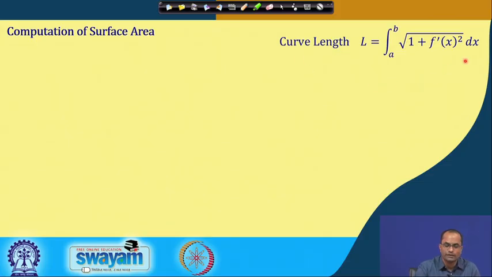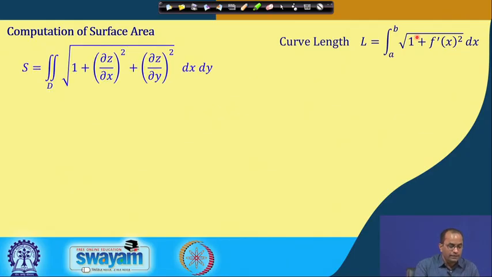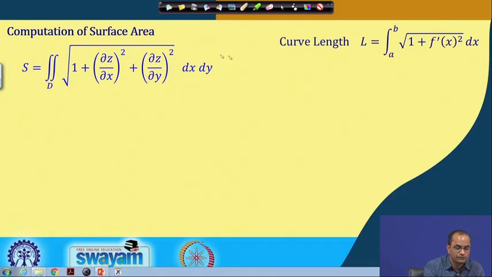So, for the curve length the formula was a to b, so over the domain we are integrating this integrand, the square root of 1 plus f prime square. In case of the surface, we have a function z is equal to f x y.